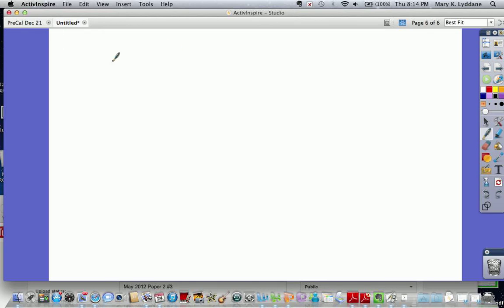So we need to remember that the general term u sub n is equal to the first term, u sub 1, plus n minus 1 times the common difference. And so we're going to plug in what we know.